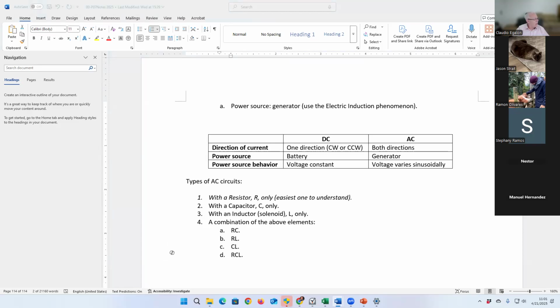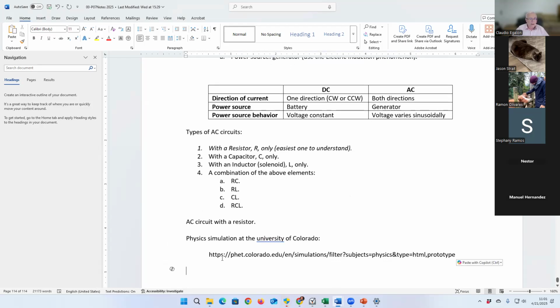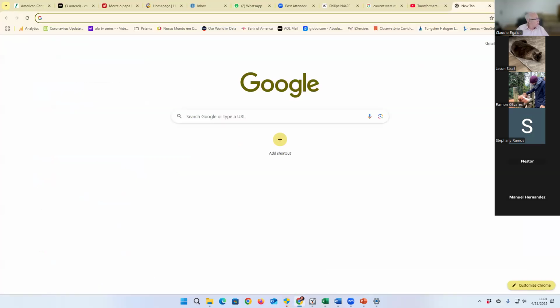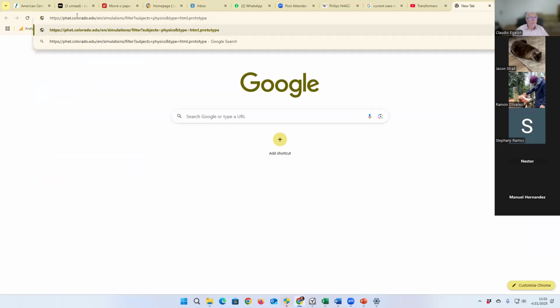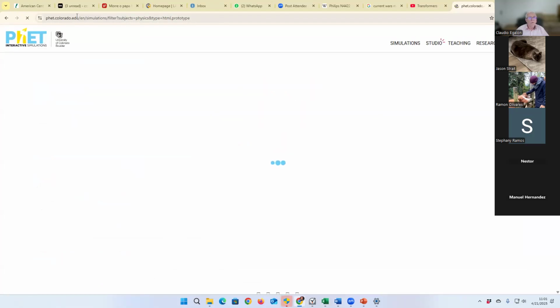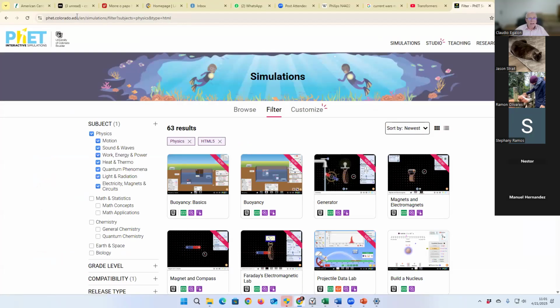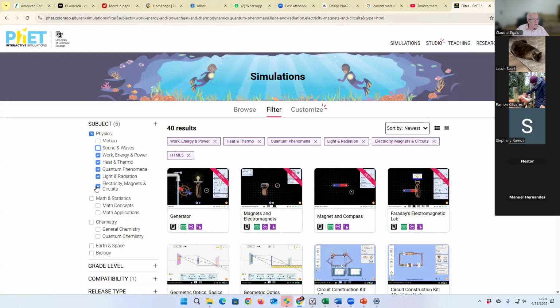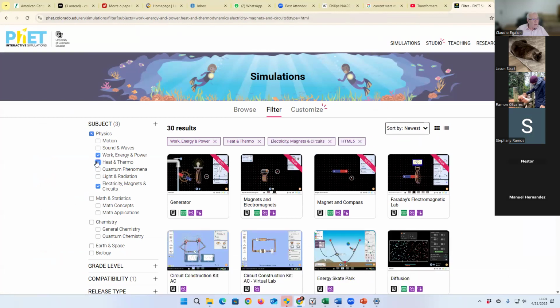So let's talk about an AC circuit with a resistor only. And let's take a look at this simulation here. We have a nice website where you can build circuits, and that's the PhET. Let's take a look, not motion, not sound, let's see, electricity. Just electricity, nothing else.